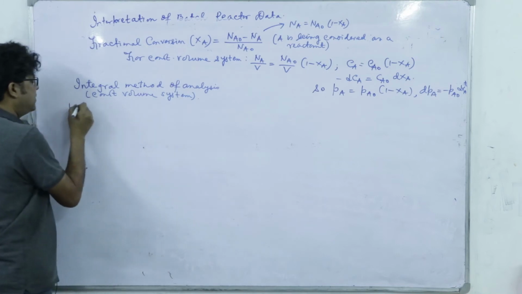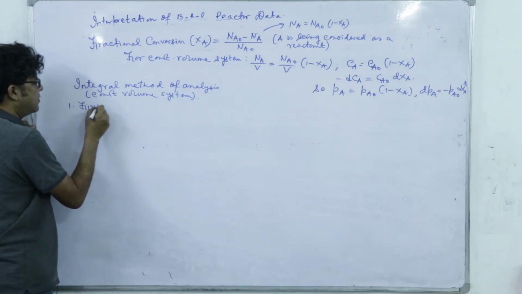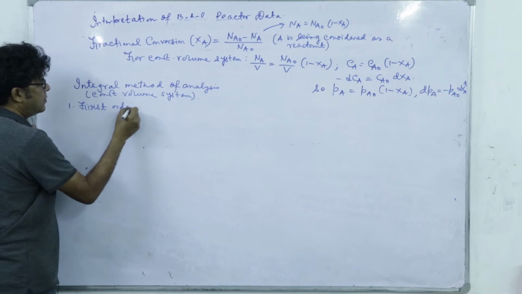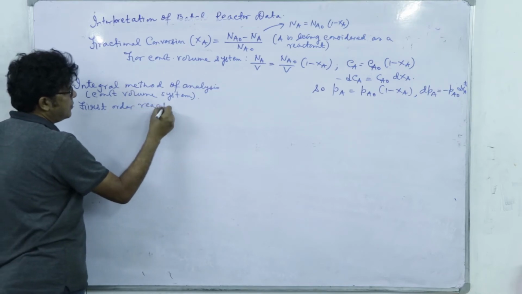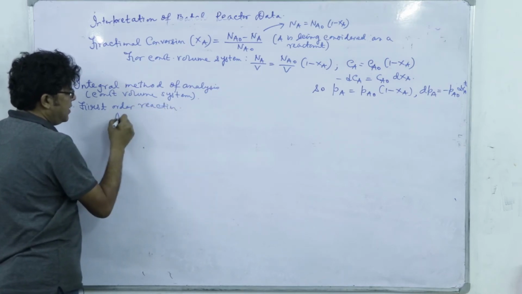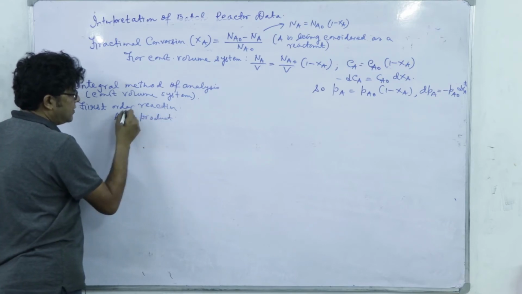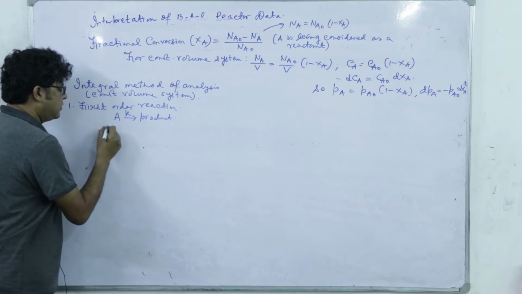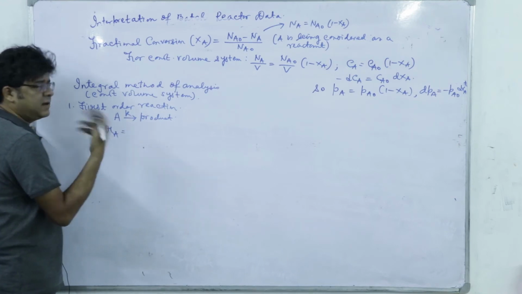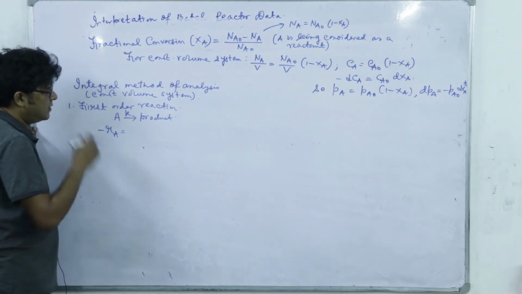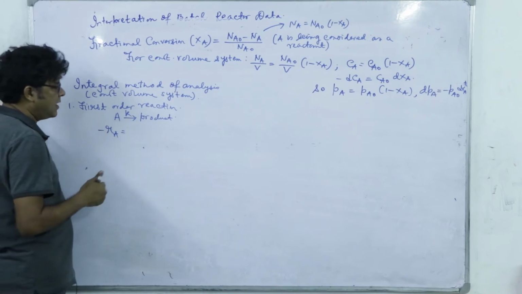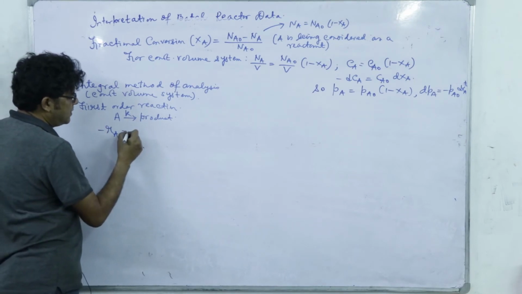First is a first order reaction: A giving product, and the rate constant is K. We assume it is a first order reaction. So what will be the concentration versus time plot? That is the objective.